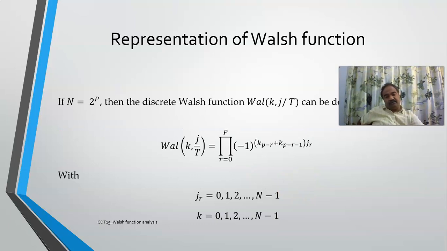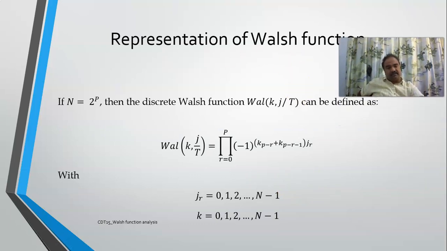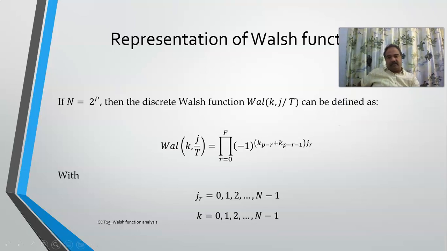Now, how do you represent the Walsh function in that particular case? Whatever the number of samples you are getting, it is equal to n, and it can be represented as a power of 2. Now the discrete Walsh function, Walsh k of j, which we have been using in the past equations also. How do we determine this particular value? See, this is the formula.